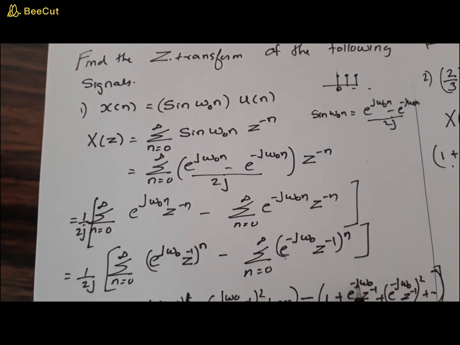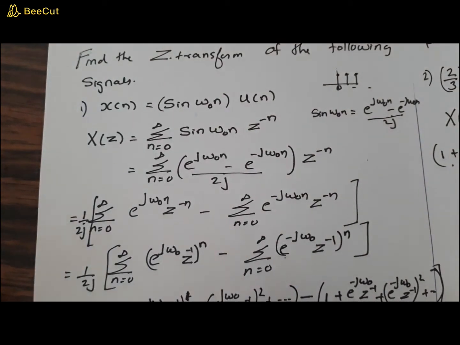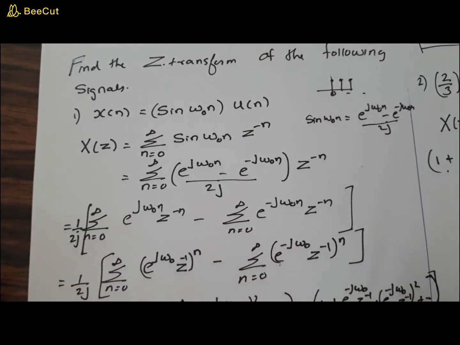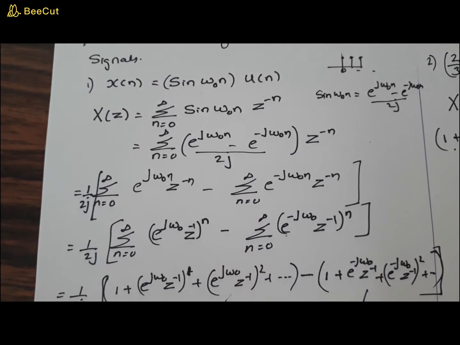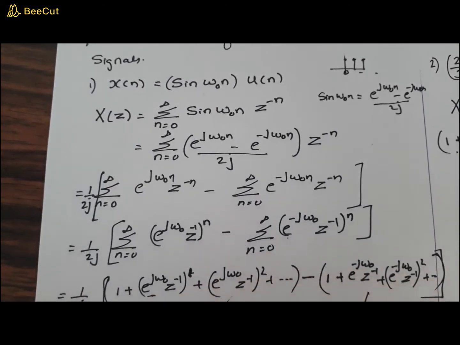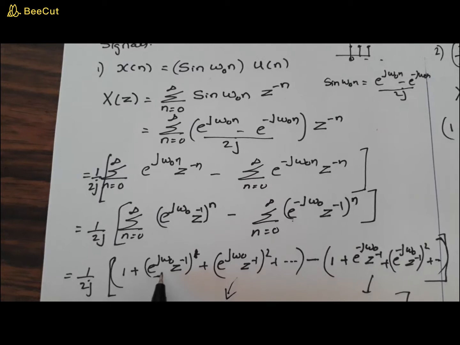Now we have already seen that these two can be considered as a geometric series of the form 1 plus r plus r squared. So what is your common ratio? The common ratio is e raised to j omega 0 z raised to minus 1. Here the common ratio is e raised to minus j omega 0 z raised to minus 1.